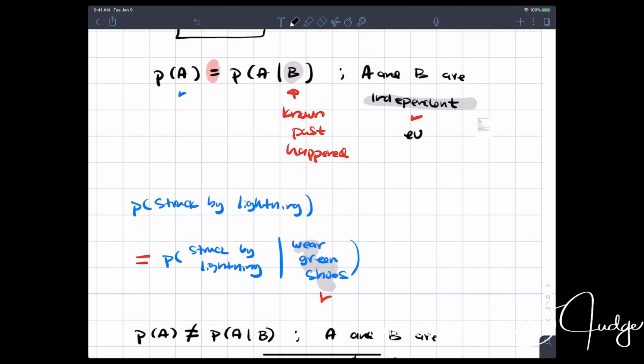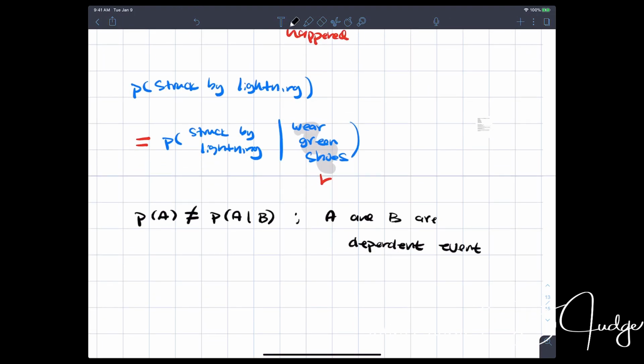So these are the definitions that we're talking about. This is what it means to be dependent.